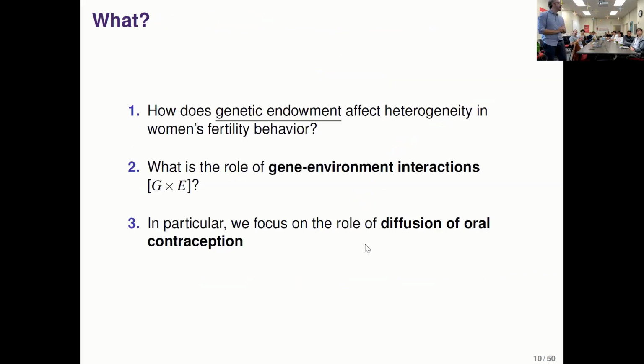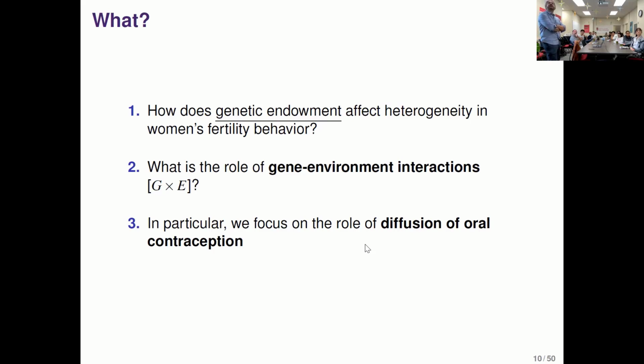So we start from this descriptive analysis, and we try to understand whether genetic endowment affects this heterogeneity in women's fertility behavior. Our starting point is some work I was involved with, a GWAS of fertility behavior, in which we did GWAS on number of children, age of first birth, and also age of first sex.